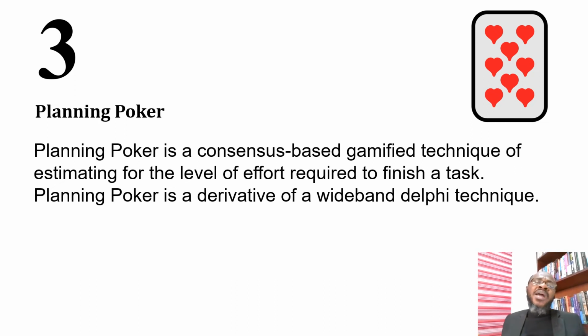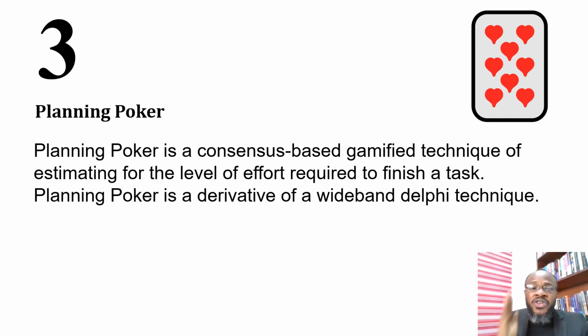Now, a wideband delphi technique is a group estimation technique whereby the team will discuss the user stories, and then each member of the team will select a value to represent the complexities they perceive for each user story. So their values will be plotted on a chart.